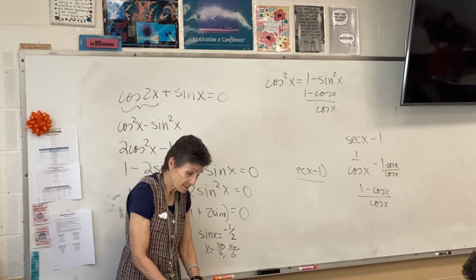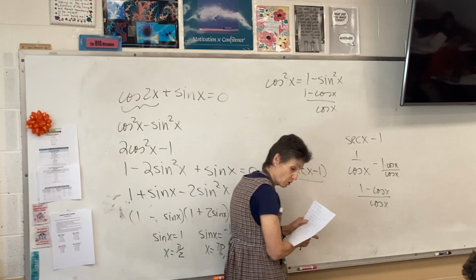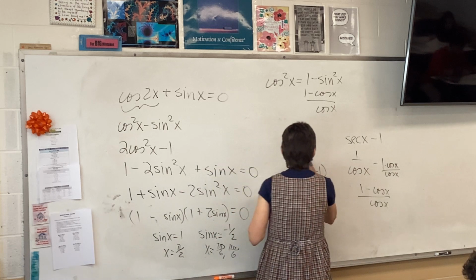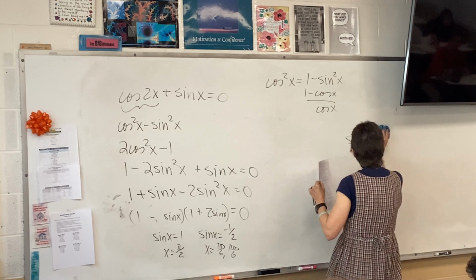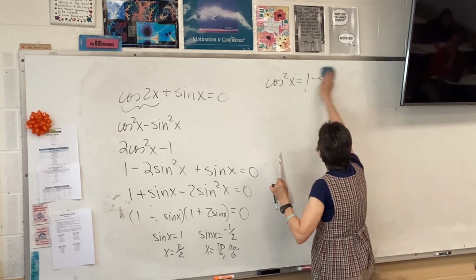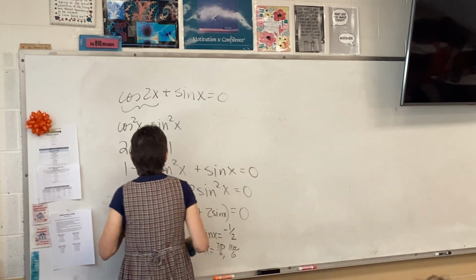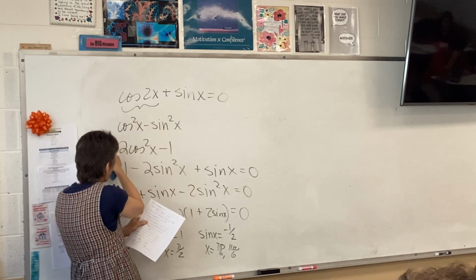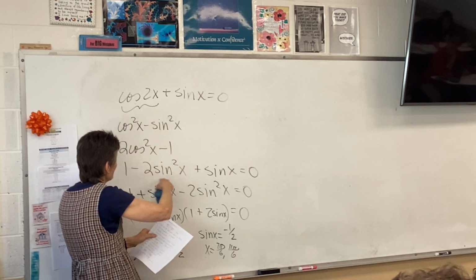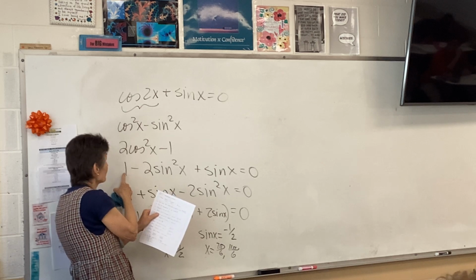5 is another solve, and it has a cosine 2x in it. So, looking at the whole rest of the problem, it's a cosine 2x again in problem 5. So I'm going to use one of these. Which one do you think would be the best one this time? This one?